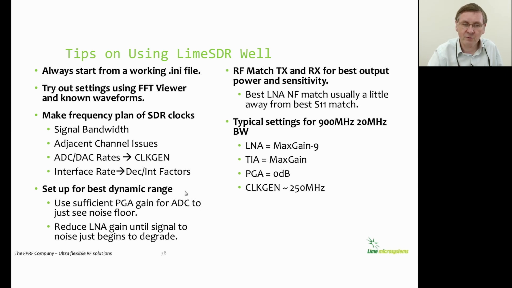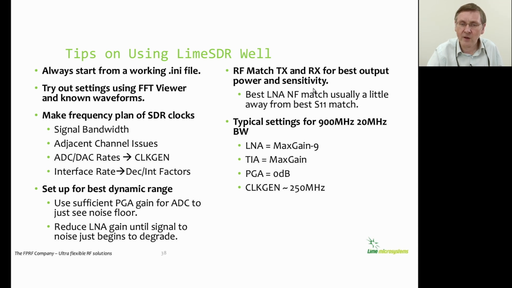You also want to set up with best dynamic range. So this frequently means using the minimum amount of gain required to achieve your sensitivity. The temptation is to use as much gain as possible, but this gives you poor tolerance to interference signals. Use RF matching for the transmit and receive to get the best output power and the best noise performance and best matching.